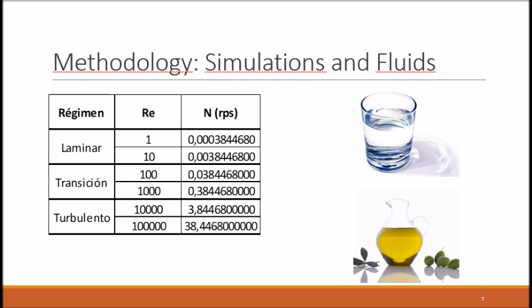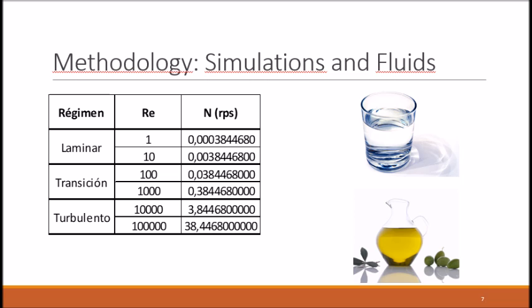After the meshing procedure, we have to set the simulations that we want to do. So 6 different simulations were established, each one with a unique Reynolds number and a unique angular velocity. We see that the change in Reynolds number defines the flow regime that is being studied.